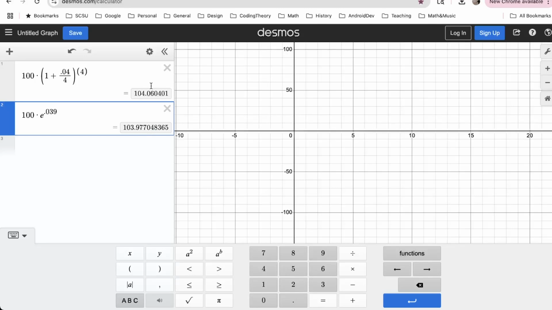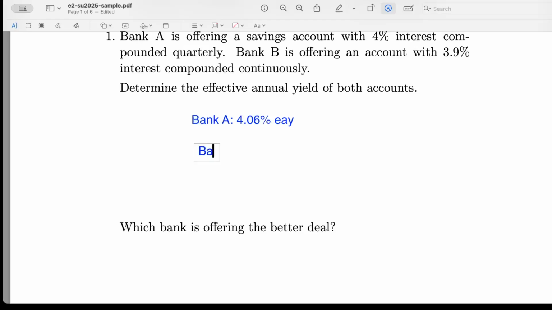It's more than 3.9. The effective yield is greater because of the compounding effect, but it's not enough to make up for the 4% being just a larger interest rate. 3.977, or maybe we should keep the same number of decimal places and say 3.98. Bank B, 3.98% is the effective annual yield.